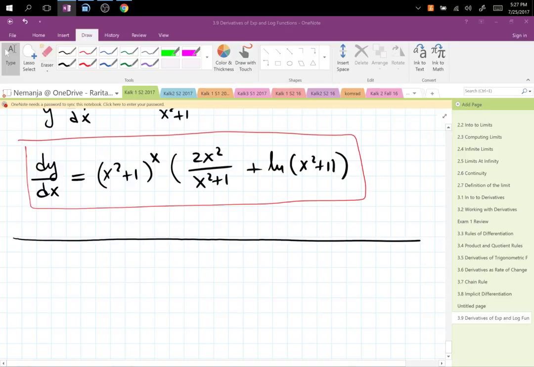So one more example. This is a little bit spicier version. This is problem 66. y equals x to the 8 cosine cubed x divided by the square root of x minus 1.